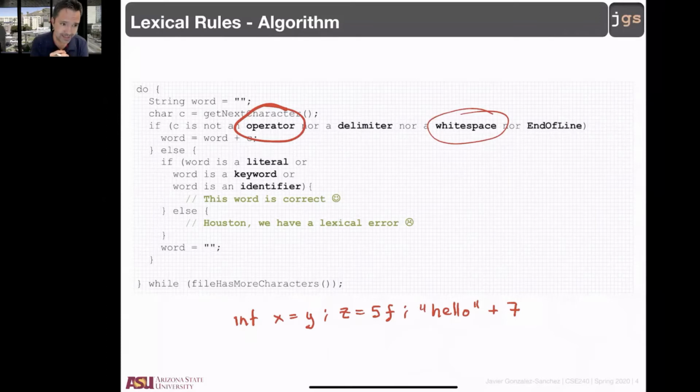Moreover, the same way that the operators work, you have delimiters. For instance, it doesn't matter that I am not using white spaces, but if I use semicolon or dot or colon, parentheses, curly brackets, all those delimiters, what you have before is one word, what you have after is one word, and the delimiter itself is another word.